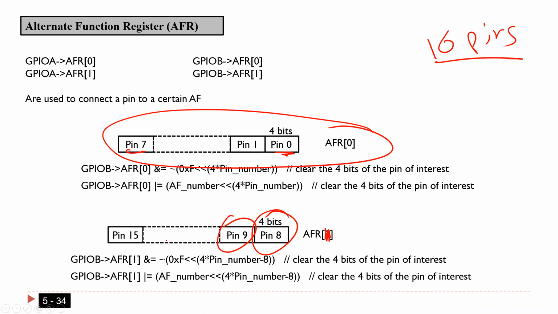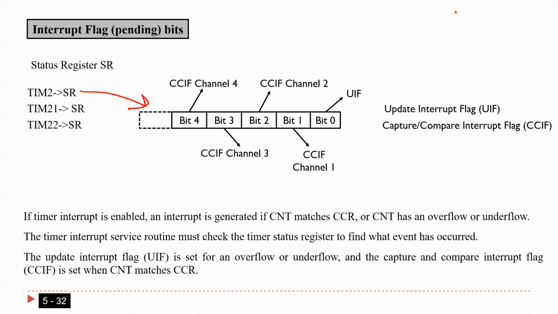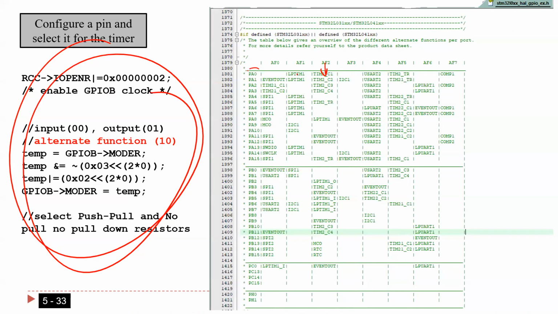You got what I'm saying? So now I have two registers. One register is going to be used for the pins from 0 to 7, 8 pins, and the other 8 pins are in the other register. Is that okay? From pin 0 until pin 7, this is one register. From 8 until 15, this is another register.